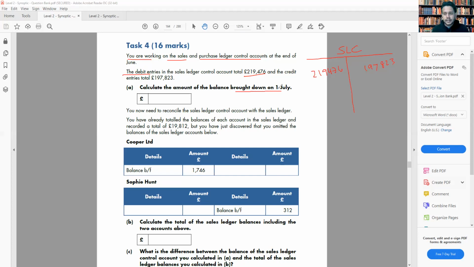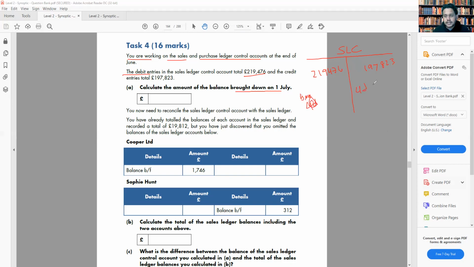219 is the debit balance. So obviously, 219,476 minus 197,823 gives me the difference of 21,653. So that's my balance c/d. I'm going to record it here on the other side.